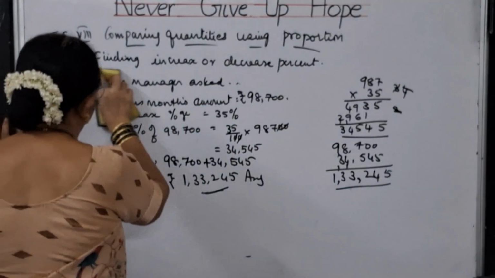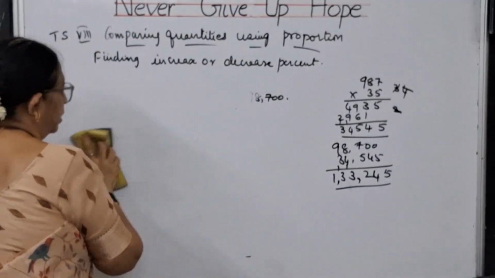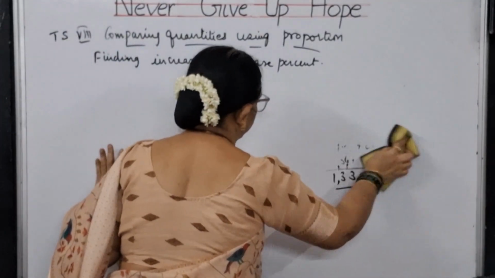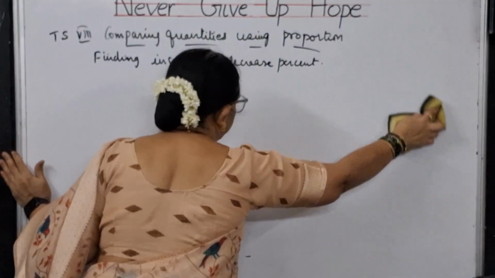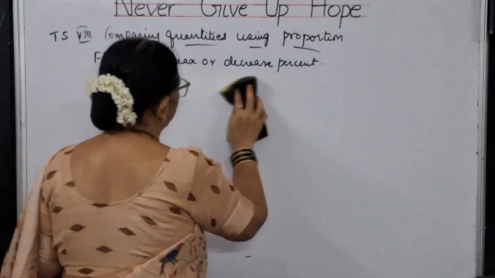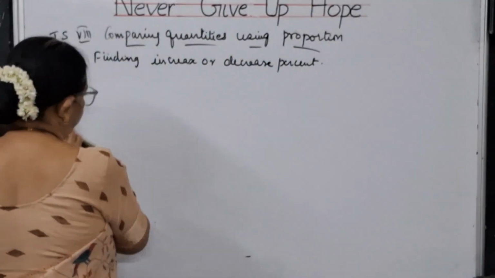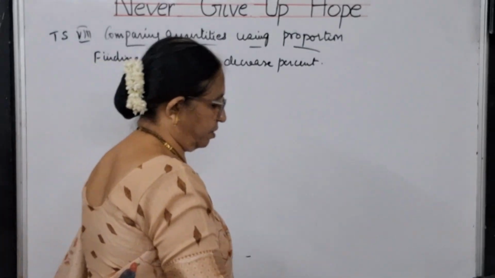Now the next one, they have given it for a decrease also, so let me do that. You will have a clear idea about what the topic is about, then we can easily solve the problems of the exercise.